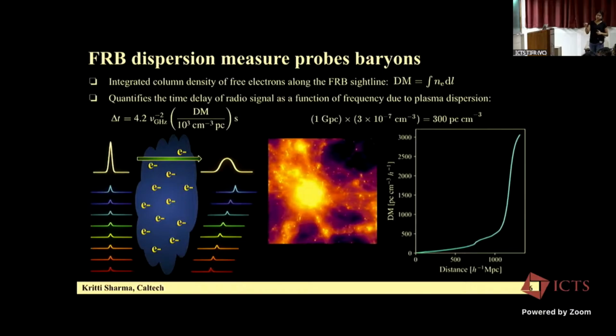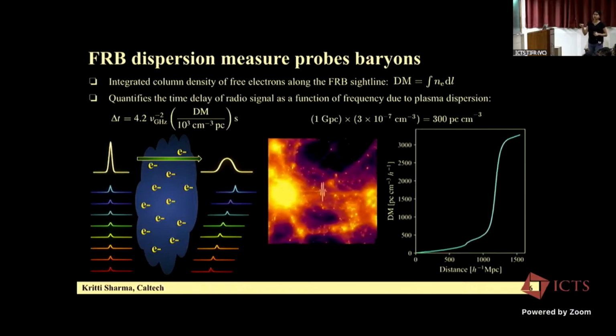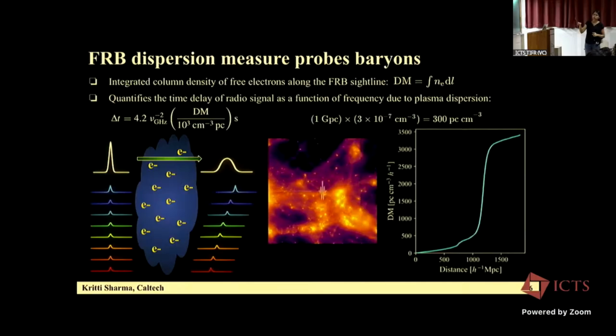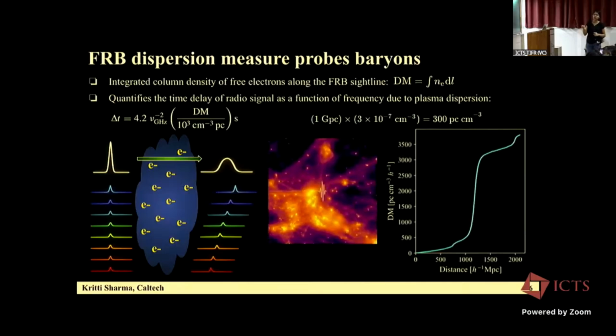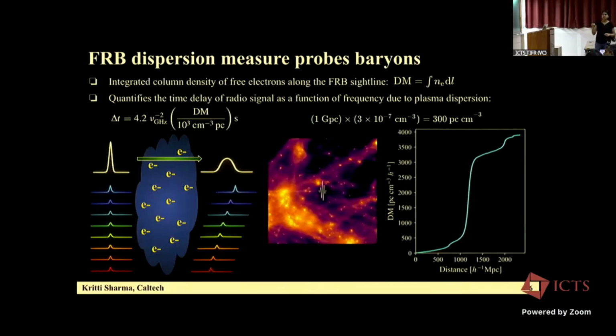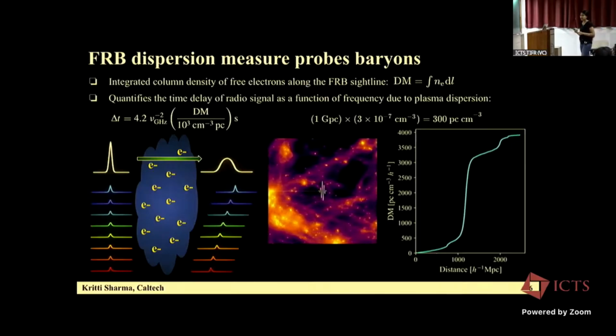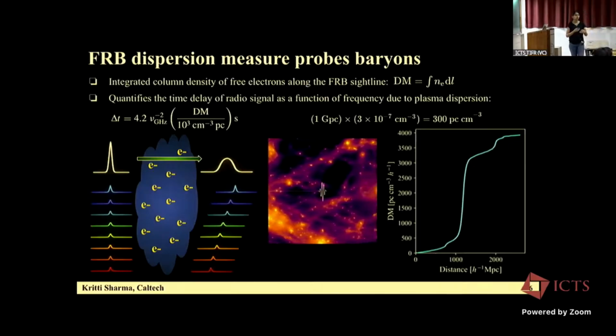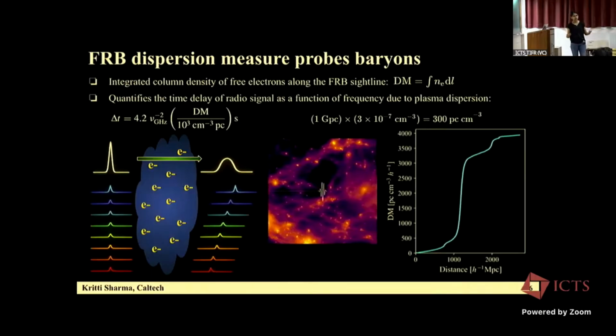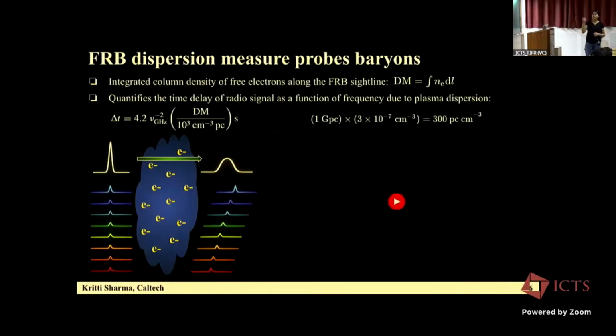And as soon as it crosses a massive halo along the line of sight, you observe a huge bump in dispersion measure, of the order of hundreds or thousands of DMs. So the basic idea behind using FRBs as probes of cosmology is to find multiple FRBs in multiple sight lines out to different redshifts, and use the distribution of FRBs in DM and z space to put constraints on cosmology as well as feedback.